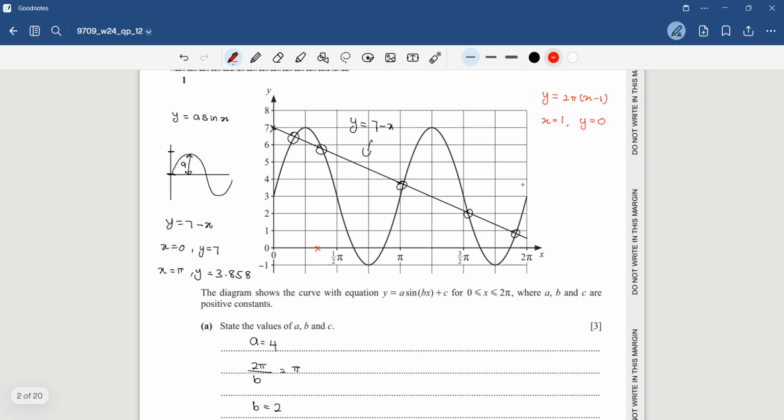Maybe we can put y equivalent to 2 pi. So we can find the x, so x will be 2.